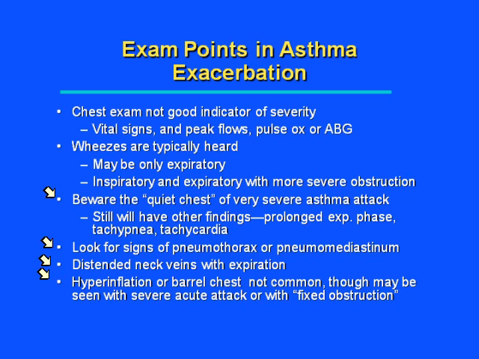Again, because this is not a fixed, permanent, progressive obstruction the way COPD is, it's episodic. So it may be possible with a very severe attack to have a chest X-ray that shows some hyperinflation, but again, that would improve as the obstruction subsides.